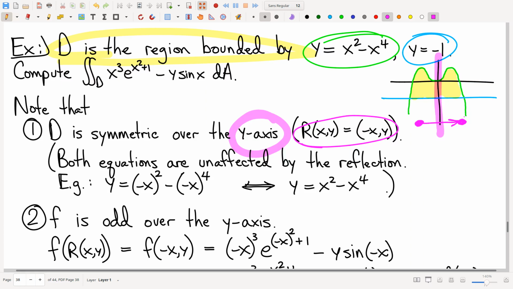But here's a way to think of it sort of intuitively. Let's think about what this looks like for small values of x. For small values of x, x squared is really small, and x to the fourth is microscopic, right? So for small values of x, this is morally x squared, and so that's why I kind of drew something sort of vaguely parabolic there. But now let's think about what this looks like for large values of x. For large values of x, x squared is really large, and x to the fourth is bonkers, right?